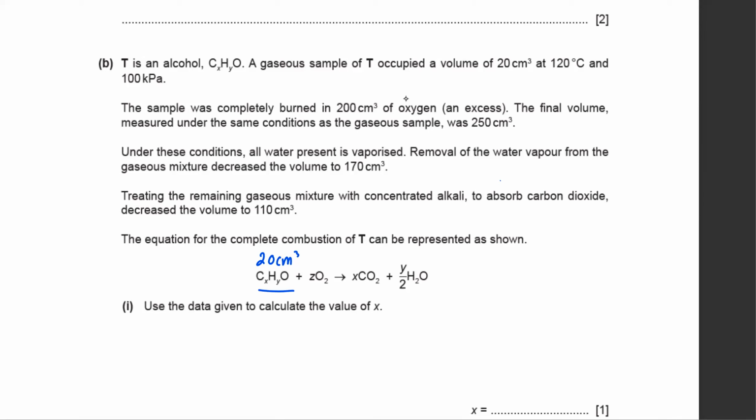So that's 200 cm cube, but remember it's in excess, so that is not the exact quantity that it's going to react with. And then he says that the final volume of the gaseous sample was 250 cm cube once the reaction was over.